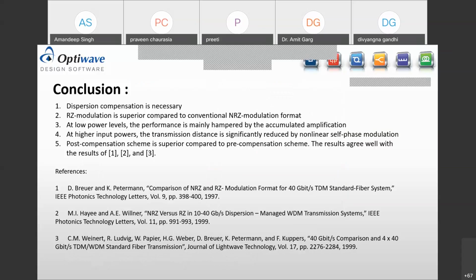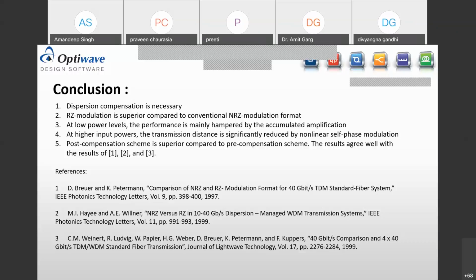So for that, the conclusion: dispersion compensation is necessary. RZ modulation is superior as compared to the conventional NRZ modulation format. At low power levels, the performance is mainly hampered by the accumulated amplifier noise. At higher input power, the transmission distance is significantly reduced by non-linear self-phase modulation.